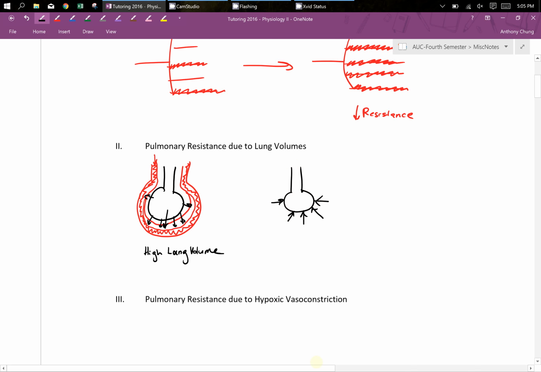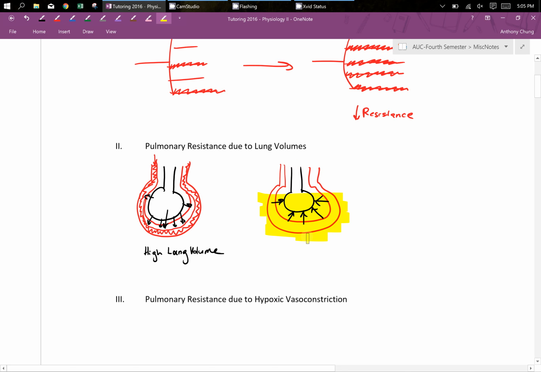So what do you think will happen to the blood vessels in this area? Is there more room for the blood to go, or less room? There's more room, because the alveoli is not really pushing against your red blood cells anymore.